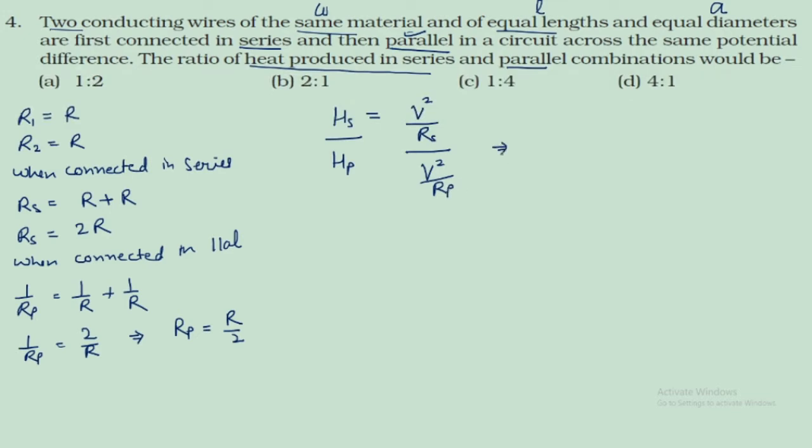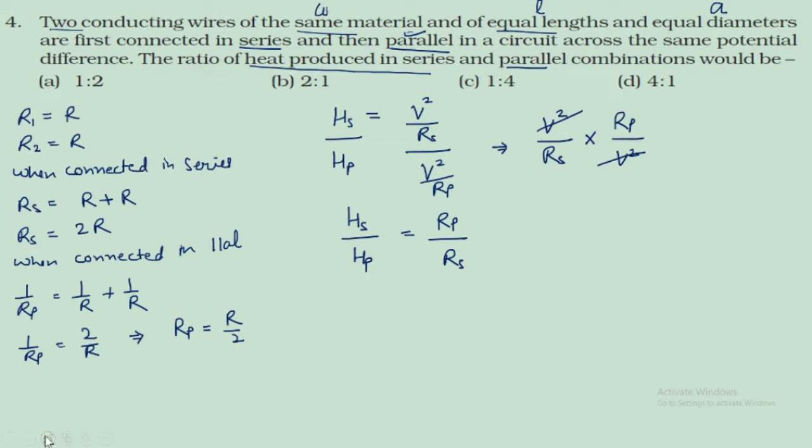So what we get? We get V square upon RS into Rp upon V square. The V square cancels out. So we get Hs upon Hp equals to Rp upon Rs.